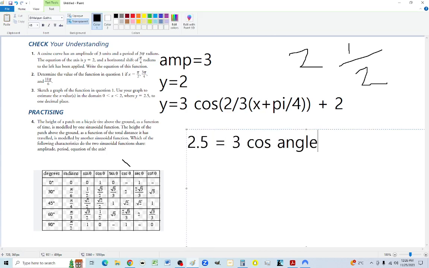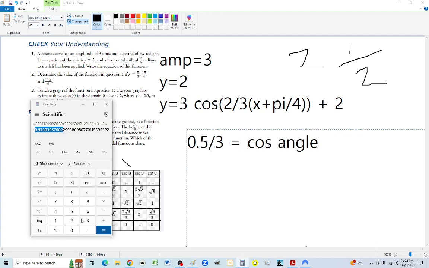Cos angle plus 2, subtract 2 from both sides, divide by 3. So that's the cos angle. Do arc cos to figure it out. This is the angle in radians.